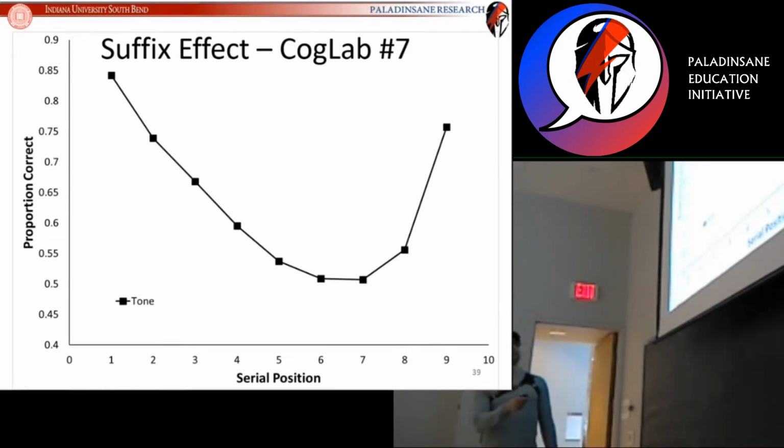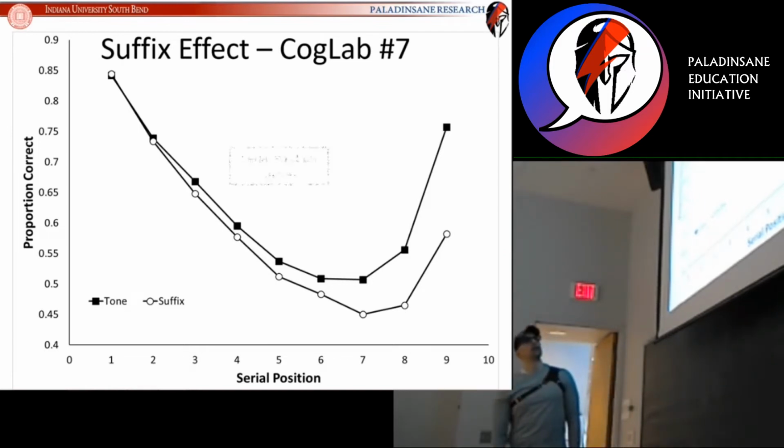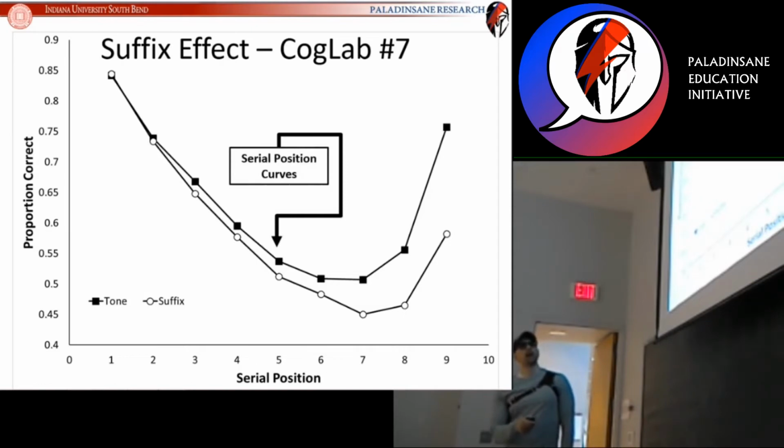But if you take a look at the classic serial position curve when there was a tone, and now at what happened when we added the 0 as your signal, even though consciously you knew you could ignore it, even though you knew that's not one of the numbers I should try to remember, it affected your curve. That is your serial position curve for the suffix effect.